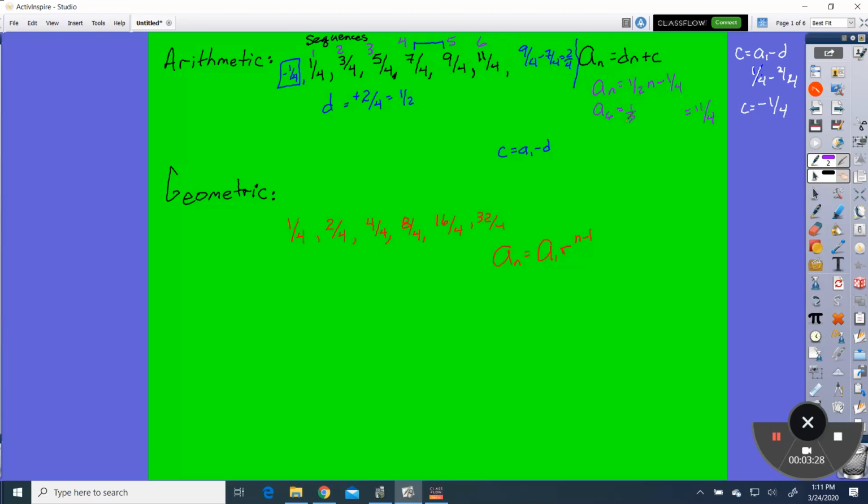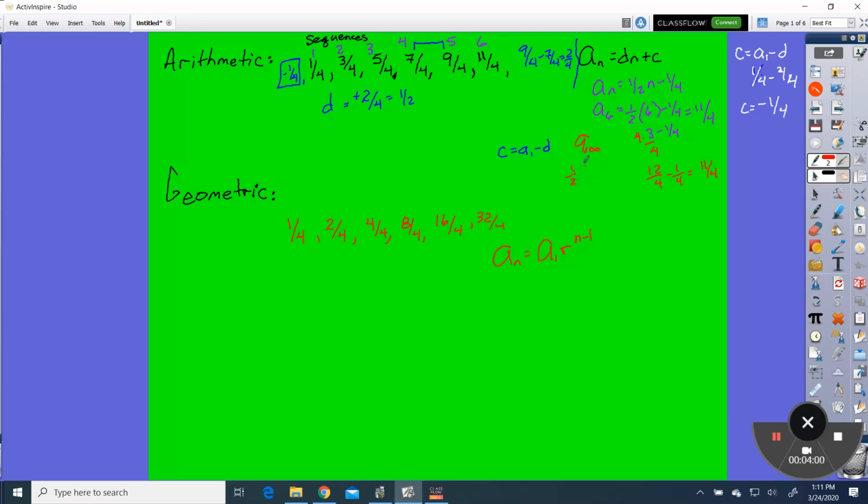If my formula is correct, it should give me that. 1/2 of 6 minus 1/4. So half of 6 is 3 minus 1/4. Well, if I get common denominators, if I multiply 3 by 4 on the bottom and on the top, I get 12/4 minus 1/4, which is 11/4. So this will generate any term that I'm after. So if I wanted to find the 100th term, I would just plug 100 in there for the n.